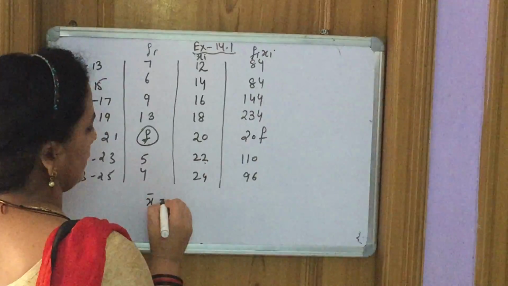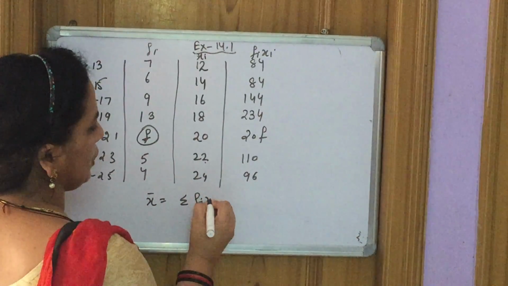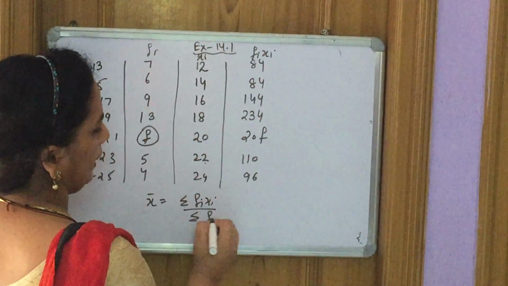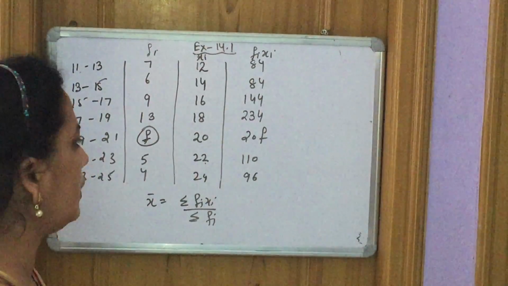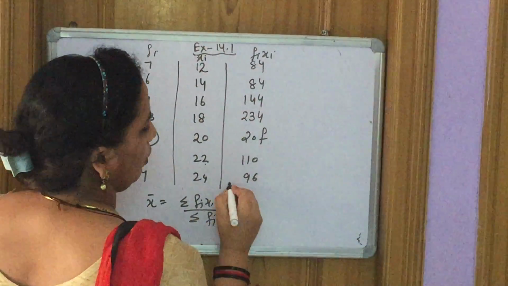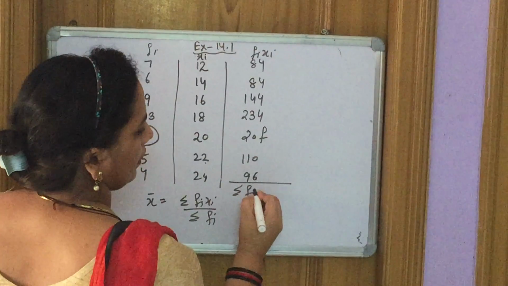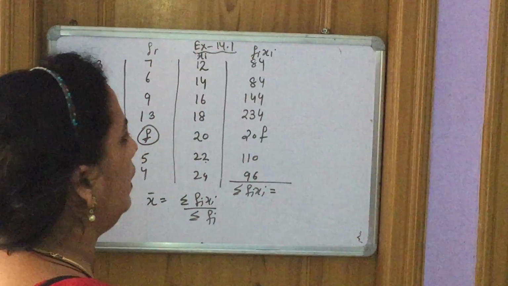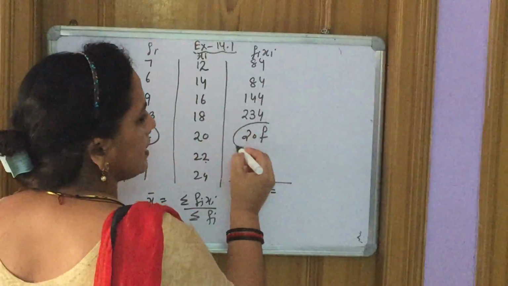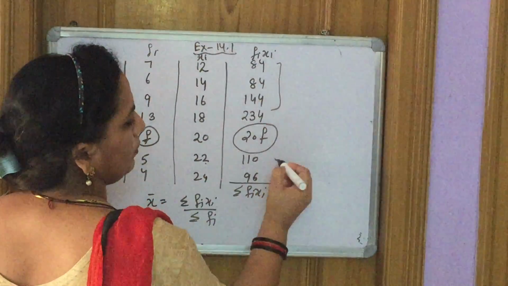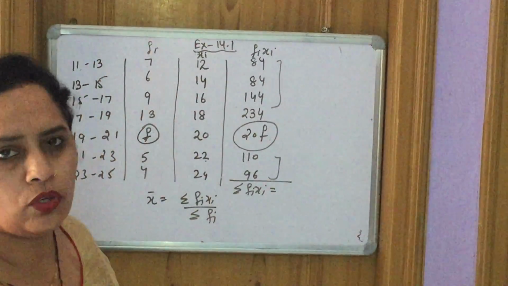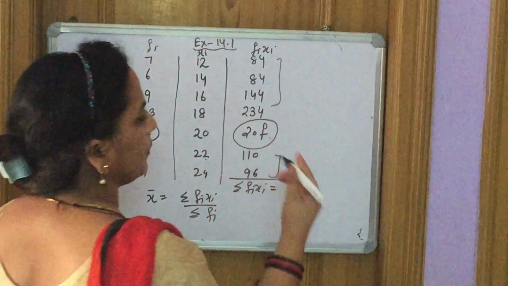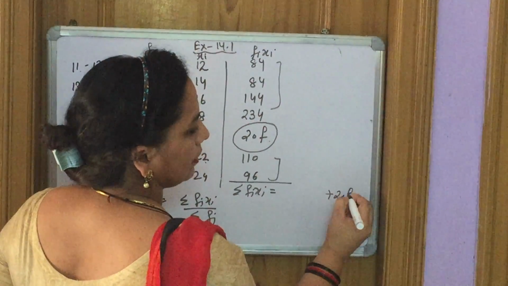The direct method is summation fi xi divided by summation fi. So we have to do the sum of this column. Sum all the terms except 20f, because this is not a like term. We have to do the sum of like terms.